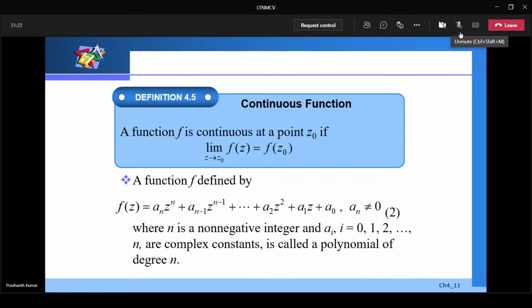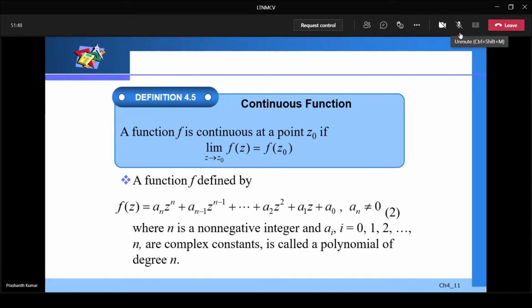A function f is defined by f of z is equal to an z to the power of n plus an minus 1 z to the power of n minus 1 and so on up to a naught, and an is not equal to 0, where n is a non-negative integer and ai, for i running from 0, 1 to n, are complex constants.